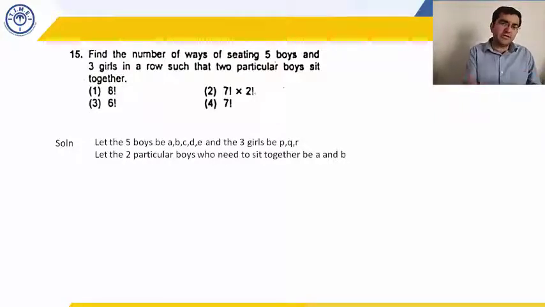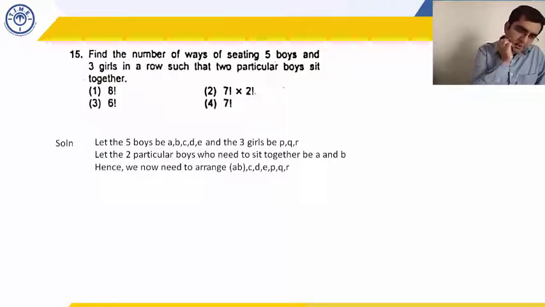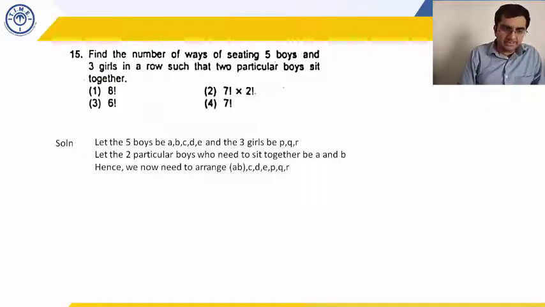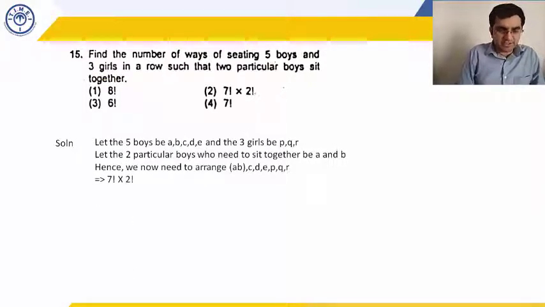They could have been AB or they could have been sitting as BA. Yes. So we need to arrange the group AB and the remaining 6 people. So these can be arranged in 7 factorial ways and the AB can be arranged in 2 factorial ways. I think now you will be able to understand why in the previous question we did not divide by 2 factorial for the NN.